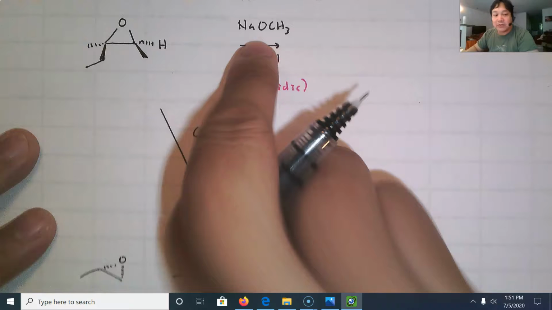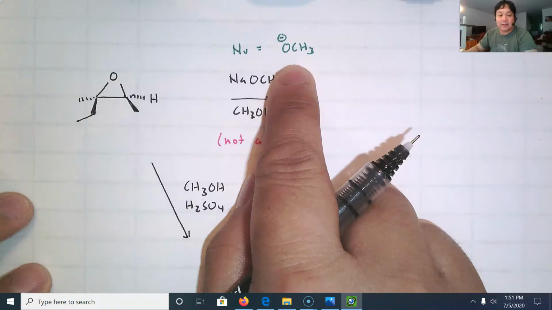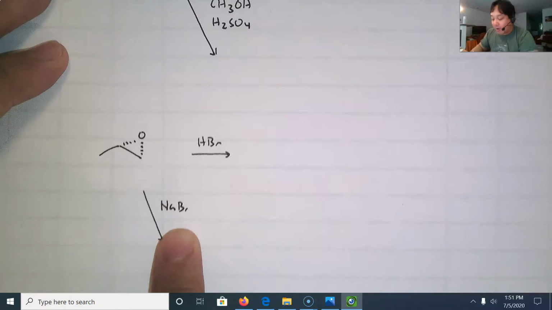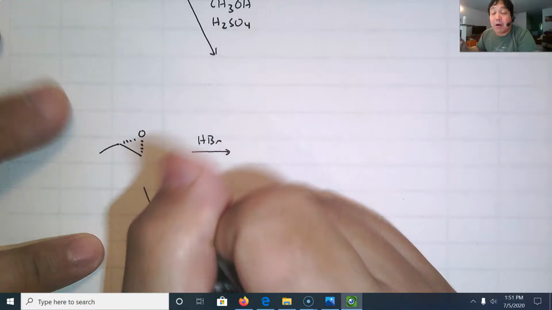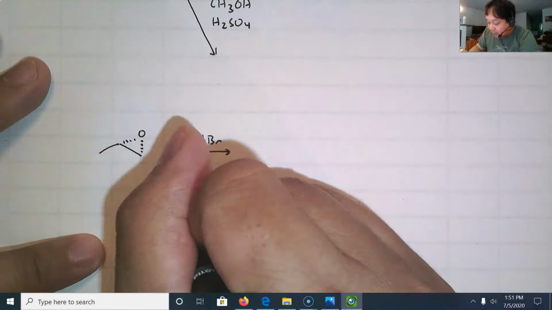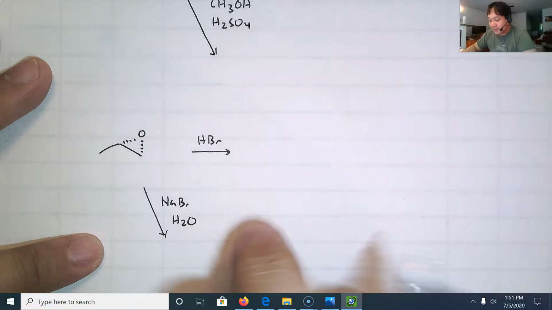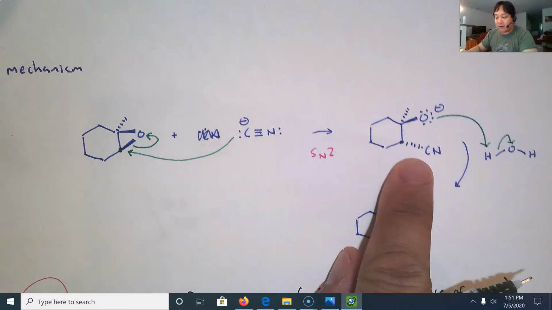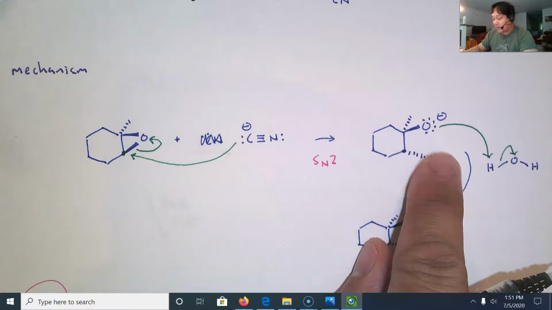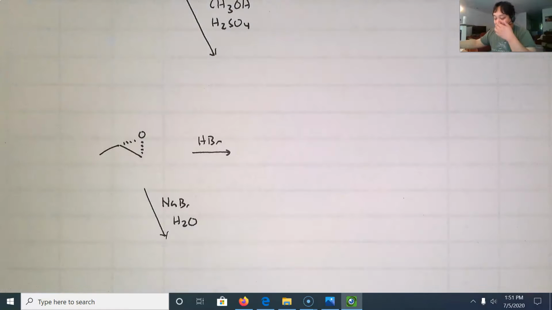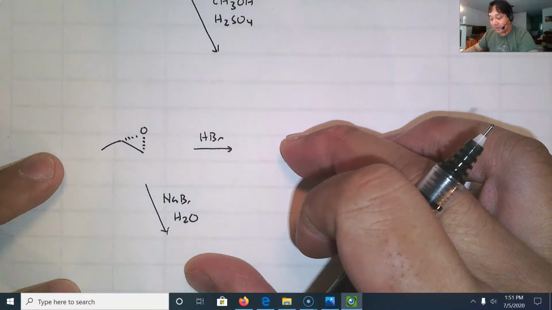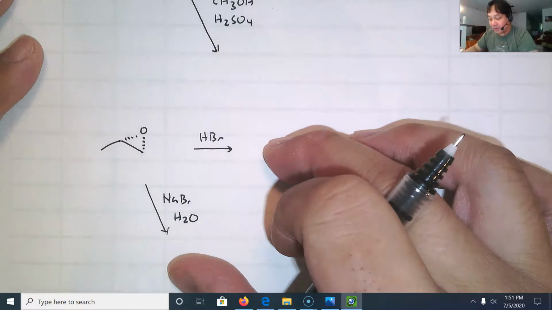If you're given NaOCH3, you got to immediately think OCH3 minus. So if you're given sodium bromide, you should be thinking Br minus. Now we need a proton source, not something that's very acidic, but something to give the hydrogen at the very end of reaction O. Right? We need water here. Okay, so you need just a proton source, and I typically use water. That's another example that you could practice with.